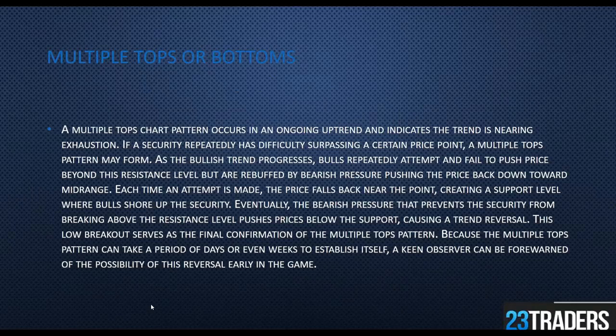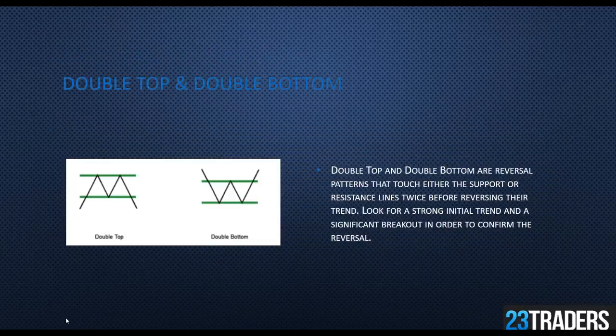So we also have a multiple tops chart pattern, which occurs in an ongoing uptrend and indicates that the trend is nearing exhaustion. If the security repeatedly has difficulty surpassing a certain price point, a multiple top pattern will exist, as the bullish trend progresses.